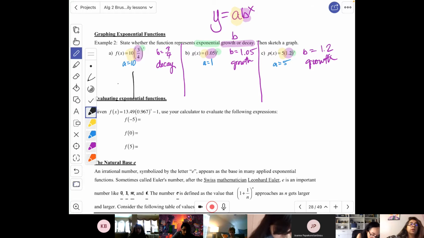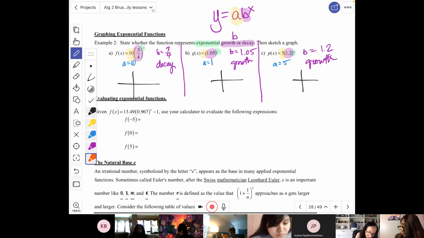If I were being asked to sketch a graph of each of these, it's very quick and easy. I could make a table of values, but let's step back for a minute.